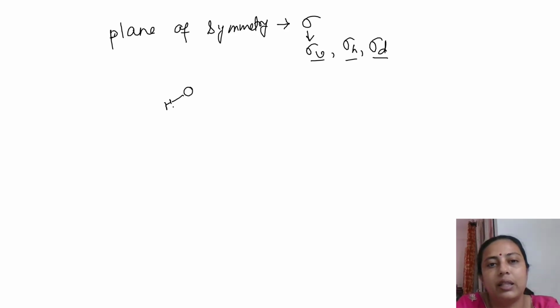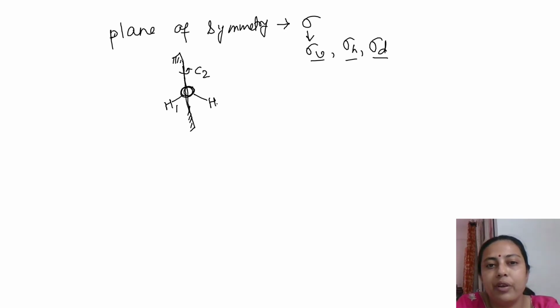Let us again take the example of water. Water, you know that there is a symmetry axis which is C2, which is passing through oxygen. Now if you look, there is a symmetry plane as well.